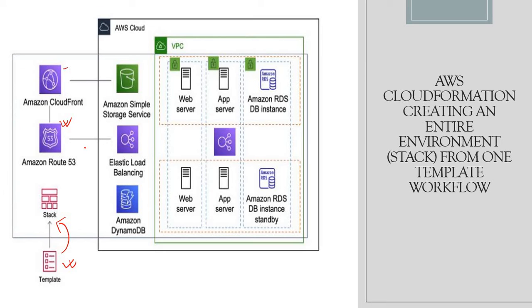Using all these things, you will connect to the VPC, and to any web server or app server running inside a VPC in different regions, or rather in different availability zones. So like this, you can control all the things using a template by creating one template in the AWS platform using CloudFormation.